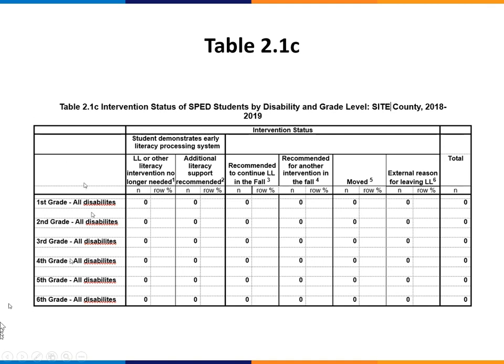I'm trying to remember my disability statuses off the top of my head, but I can't do it. But it'll do it for each of those grade levels. So it'll report total first grade counts by intervention status. Then it will have one row for each type of disability and report out the number and percentage of students by each intervention status.